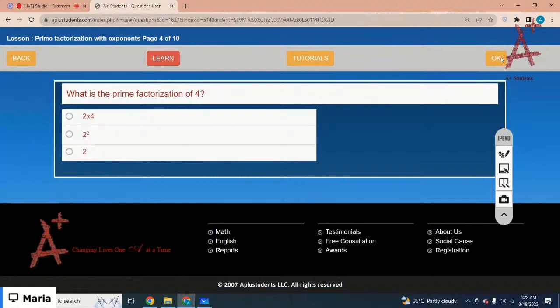The correct option is 2 square. It would be the second option that is correct.